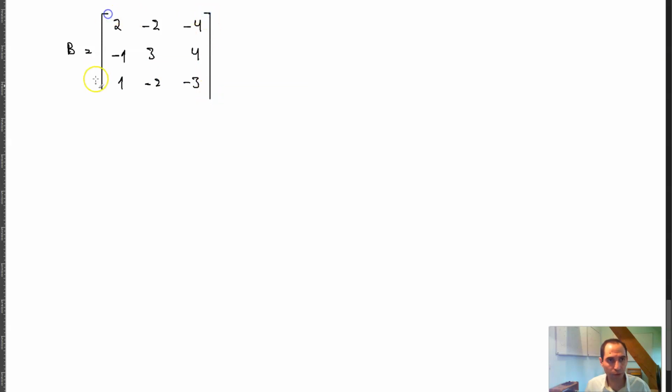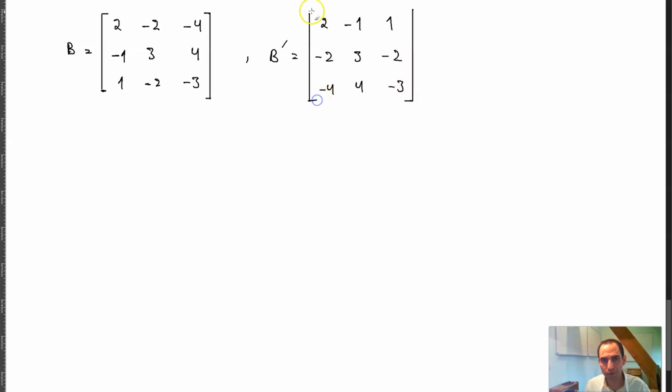That was basically B, and B prime was basically this matrix: 2, -1, 1, -2, 3, -2, and -4, 4, -3. And now I want to find the skew symmetric matrix that we need.